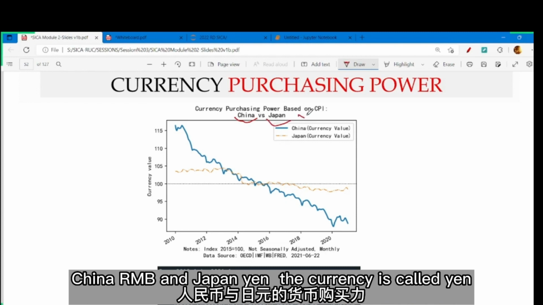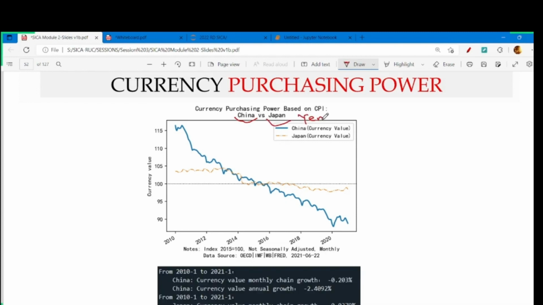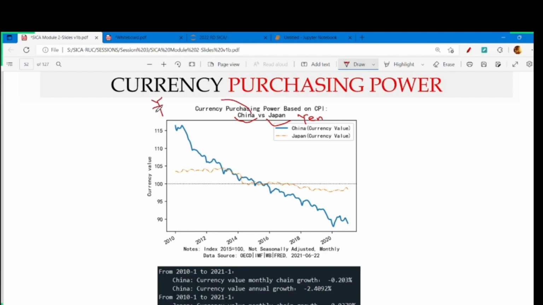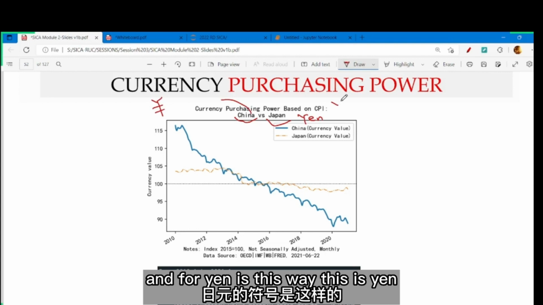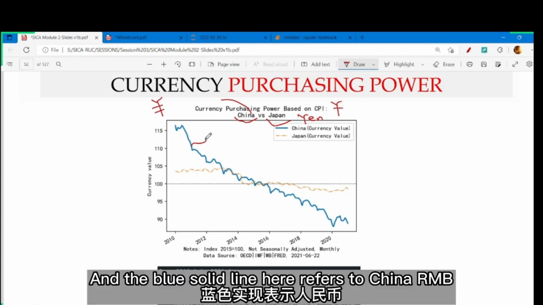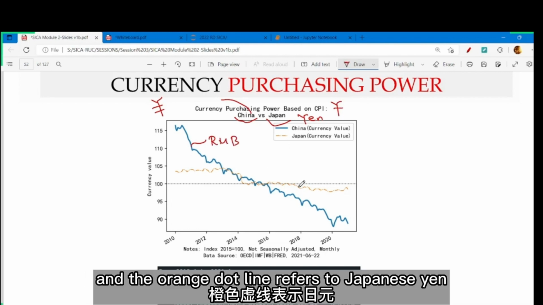The currency is called yen. Okay, the symbols for RMB is this way, and for yen it's this way. This is yen.